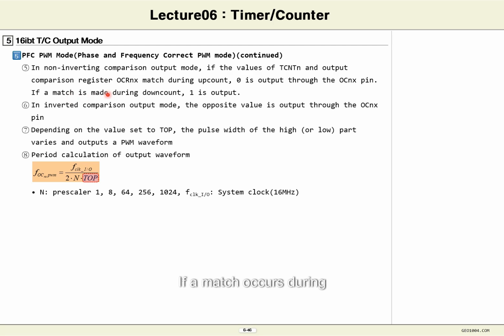If a match occurs during the downcount, a set will be output. In inverted comparison output mode, a logic value opposite to the output described above is output through the OCnX pin.